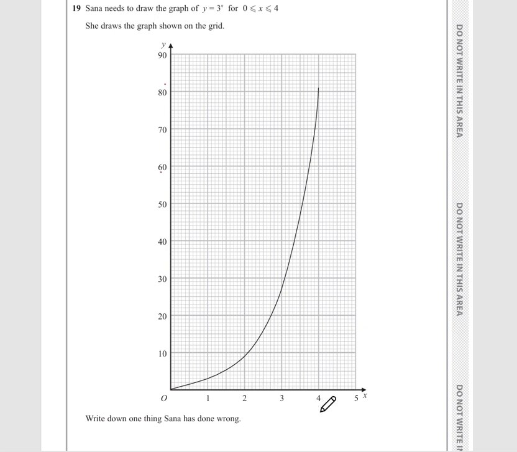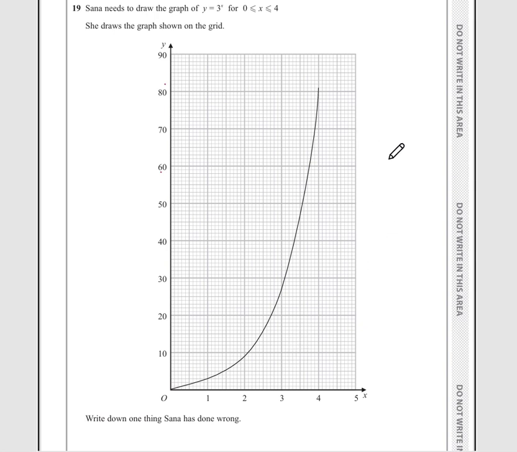Are the points plotted correctly? For example, 3 to the power 4 is 81, so 4, 81. 3 to the power 3 is 27. That's correctly plotted. 3 to the power 2 is 9. 3 to the power 1 is 3.